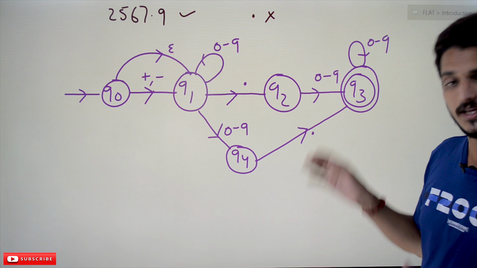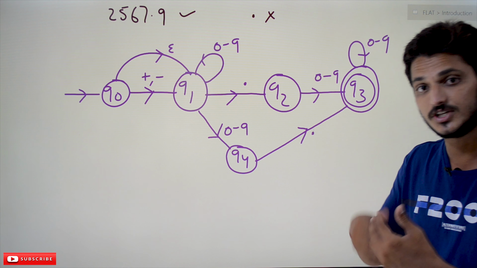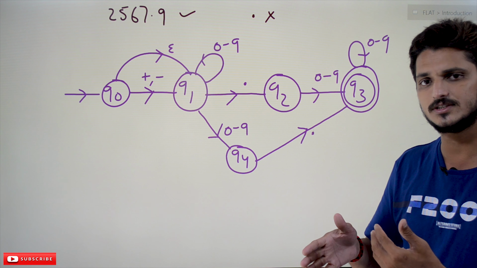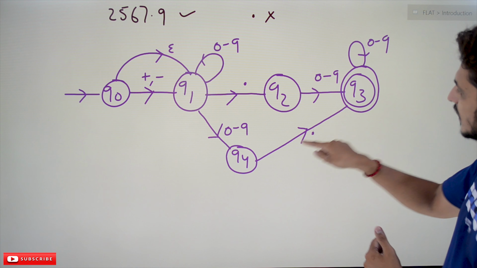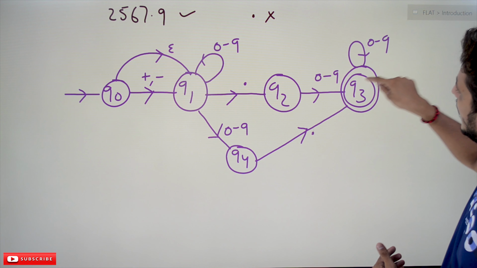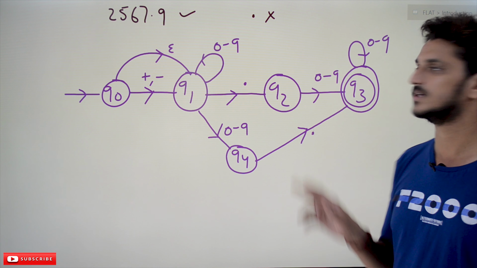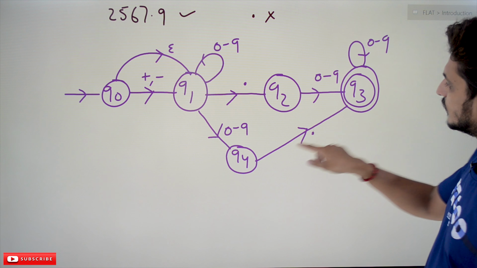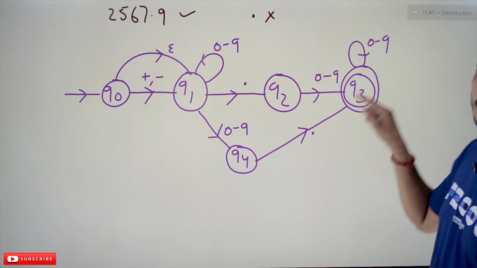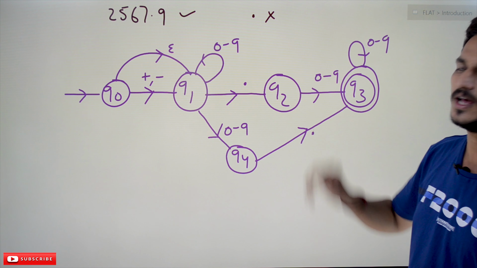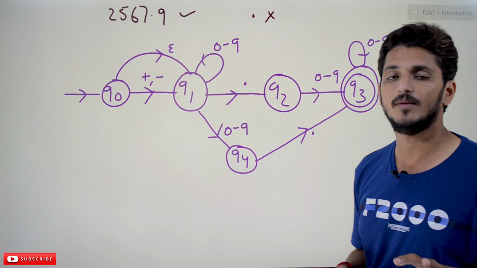After the dot, it is not mandatory to find digits; you can find digits or not. That's why after taking the dot you can find any number of digits, or none, and that is also accepted. That's why after finding the dot we move to the Q3 state. This is the NFA for identifying floating point numbers.